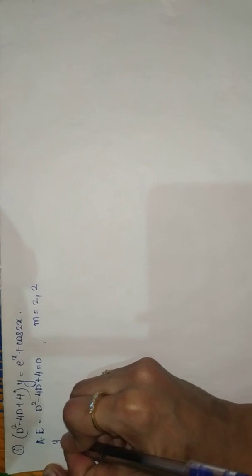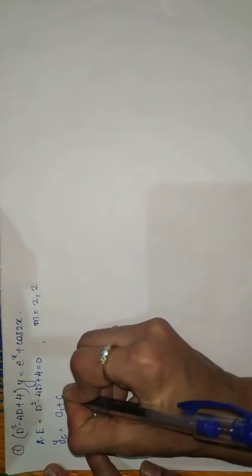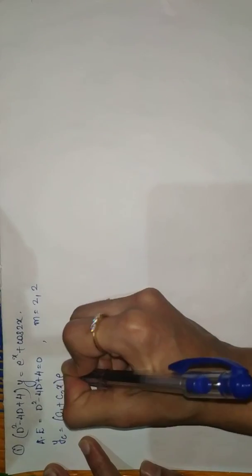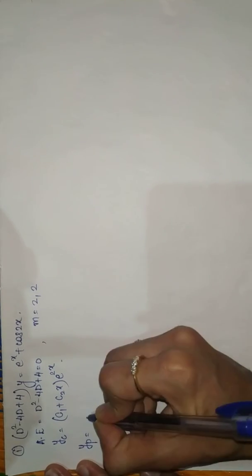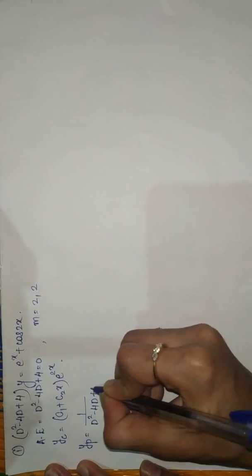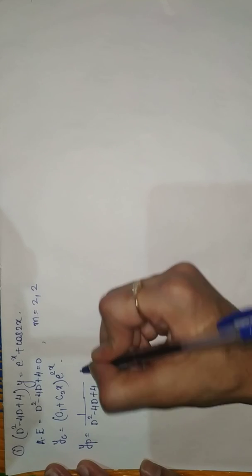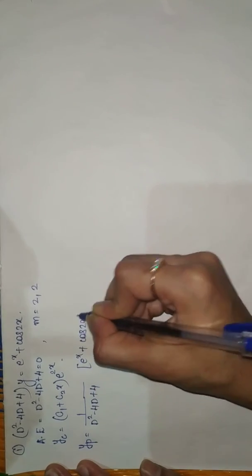So we can say yc, my complementary function. These are the real and repeated roots, so that's why (c1 plus c2 x) e to the power 2x is the required complementary function. Now to find the particular integral yp, this is 1 upon f of D, that means 1 upon D square minus 4D plus 4 over e to the power x plus cos 2x.